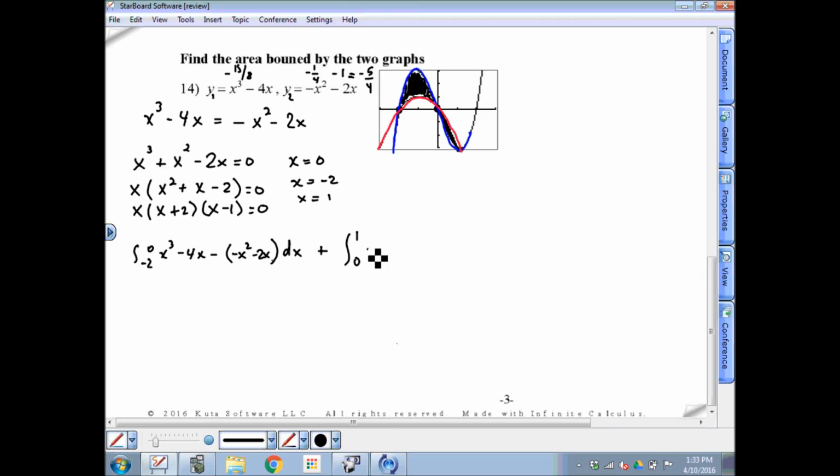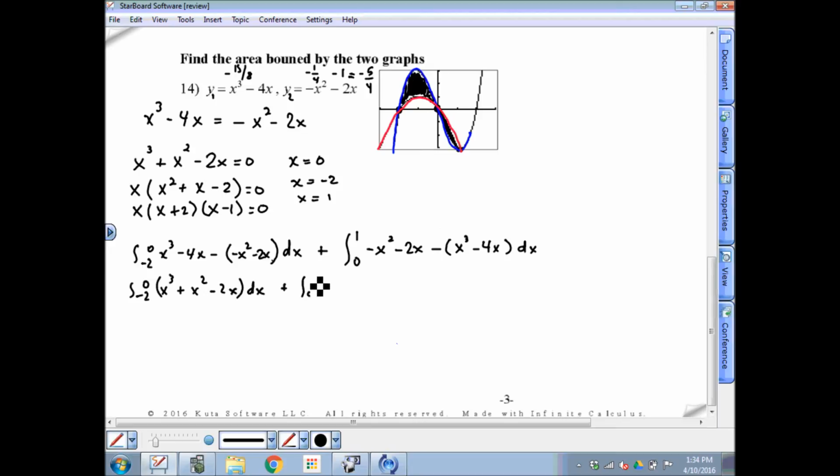So this is the above function now, negative x squared minus 2x, subtracting the lower function of x to the third minus 4x dx. Now, simplifying and combining some like terms, the integral from negative 2 to 0 of x to the third plus x squared, minus a negative becomes plus 2x and a negative 4x, that's negative 2x.